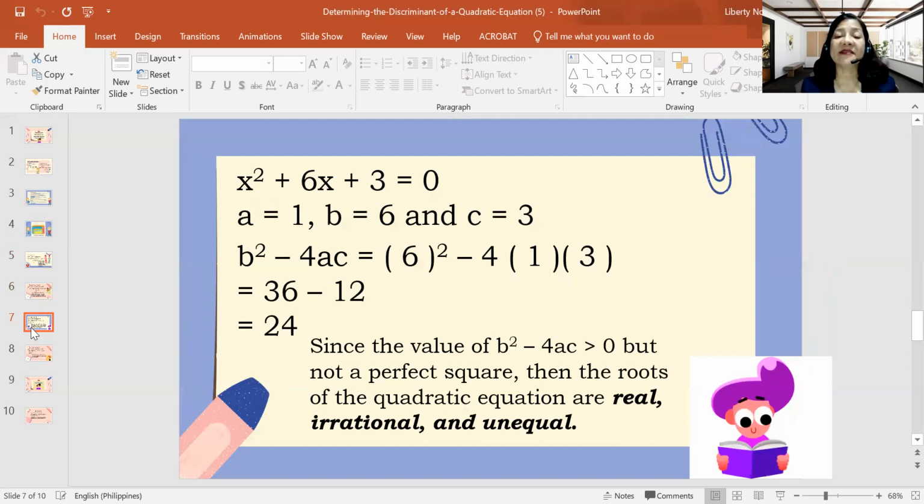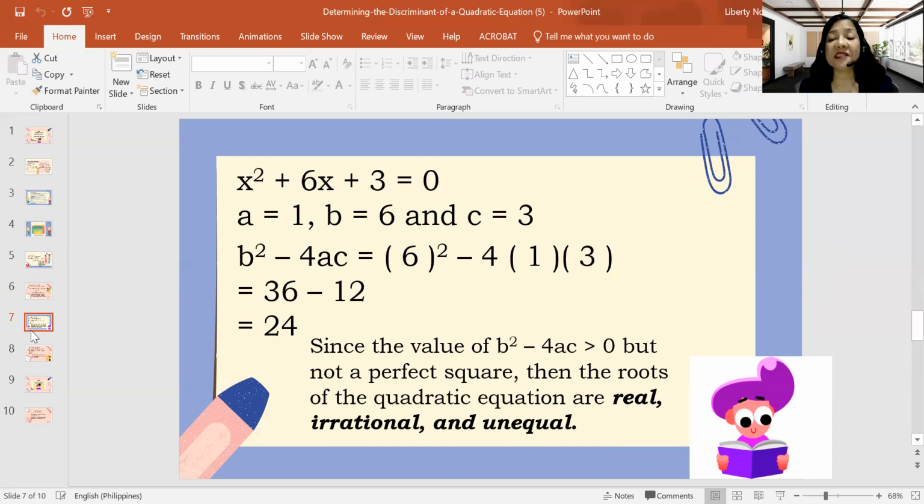Next, x squared plus 6x plus 3 equals 0, where a is equal to 1, the numerical coefficient of x squared, b is equal to 6, the numerical coefficient of x, and the constant c is 3. The discriminant b squared minus 4ac is equal to 6 squared minus 4 times 1 times 3. 6 squared is 36, minus 4 times 1 times 3, which is 12.